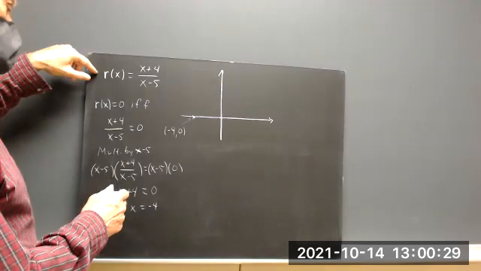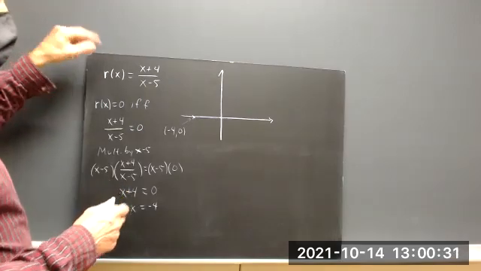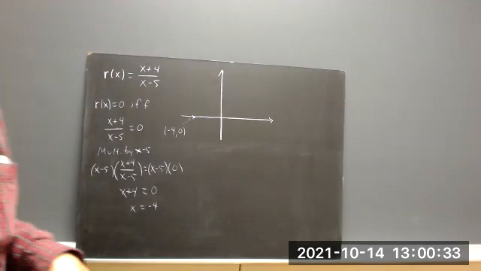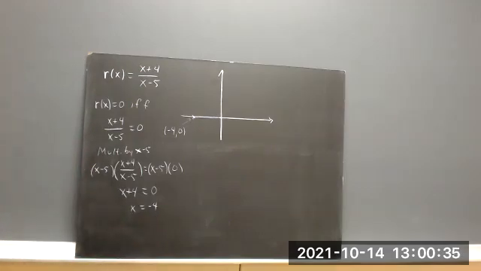Now, you want to think about the domain of this function. Is there any real number that's not in the domain of this function? If you see one, hold up the number of fingers you think might represent that.